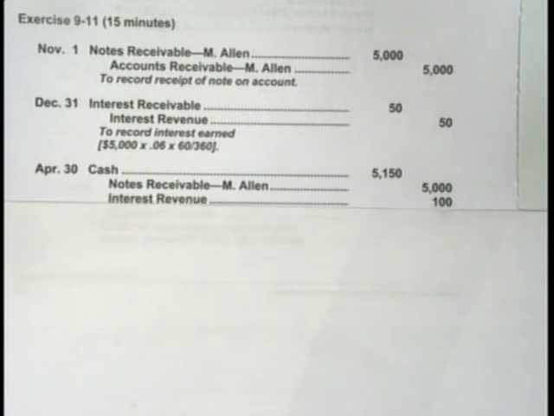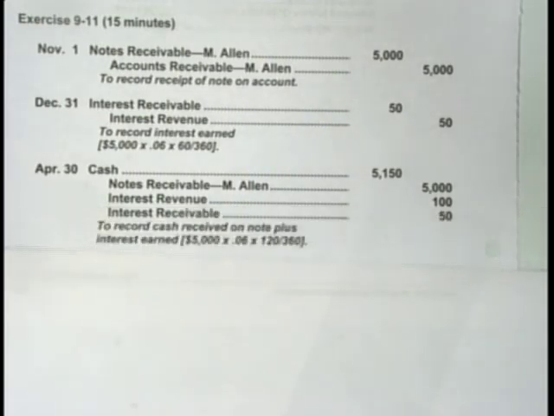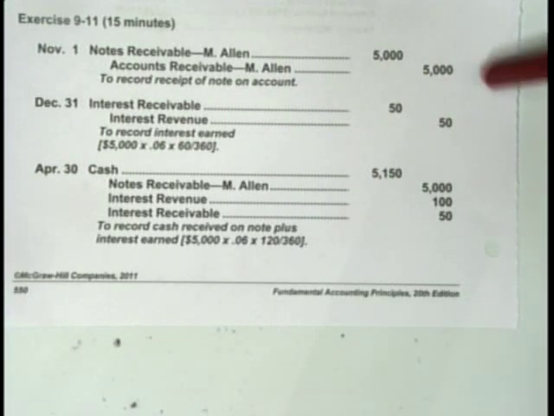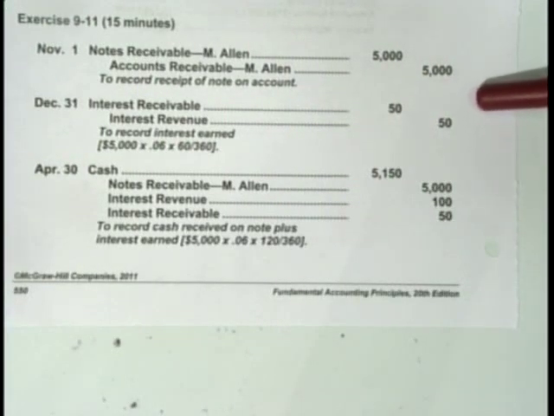Now, that journal entry doesn't balance. It's $50 short, correct? So what do we have to do? We have to reduce interest receivable by $50 from up here because that has now been received. Make sense? Okay. Questions on that?